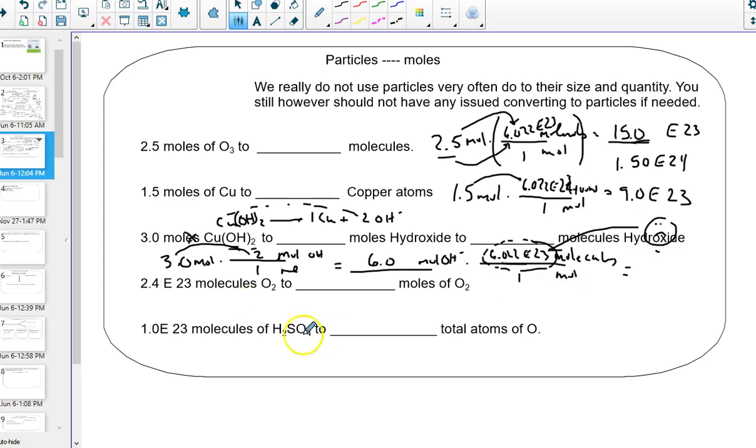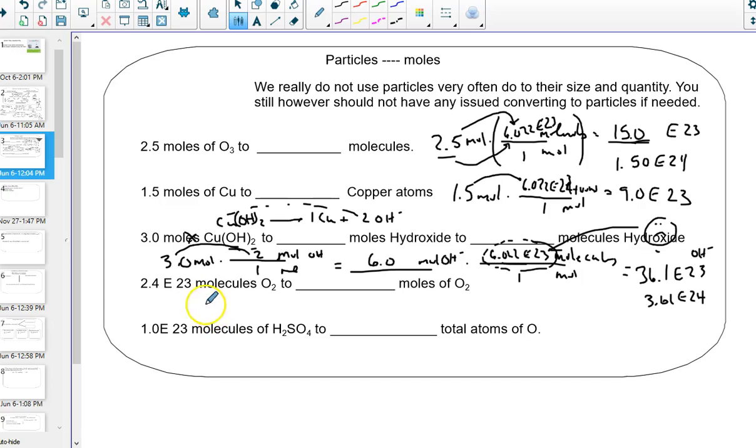All right, 6 times 6.022, so 6 times 6 is 36. But always estimate, then get your calculator to give you the exact value. 36.1, and that would be E to the 23rd. A math teacher might cringe at that, but I think that's just fine. There's nothing wrong with that. 3.61 E to the 24th is going to give a math teacher a little bit more of a breather, but it's the same value, and it would be molecules of OH negative.